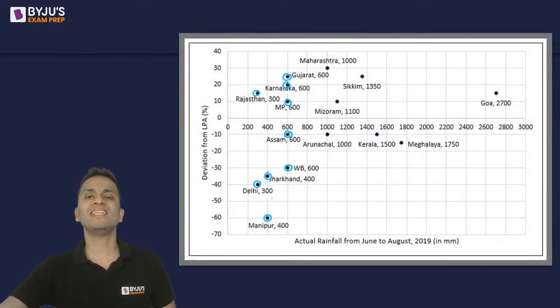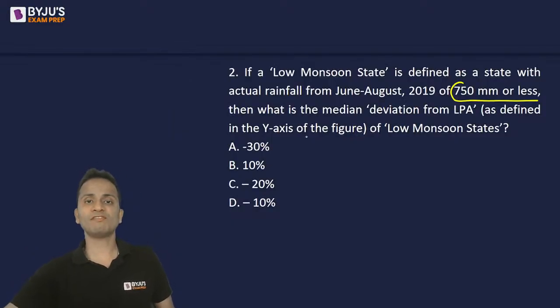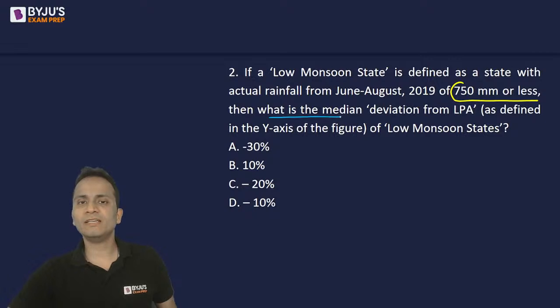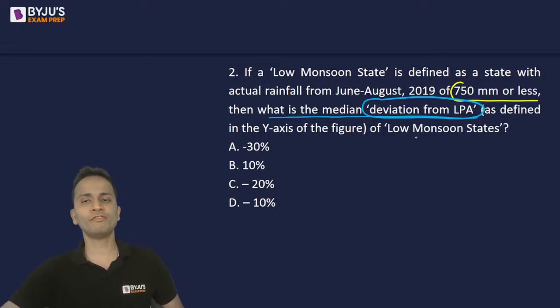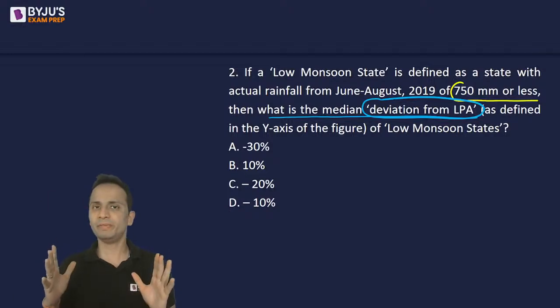We have marked 9 states. Okay. Now what do we have to do now? So after marking these 9 states that are termed as low monsoon states, now we have to find out the median deviation from LPA. So the median of deviation from LPA as defined on the y-axis of the figure of these states.